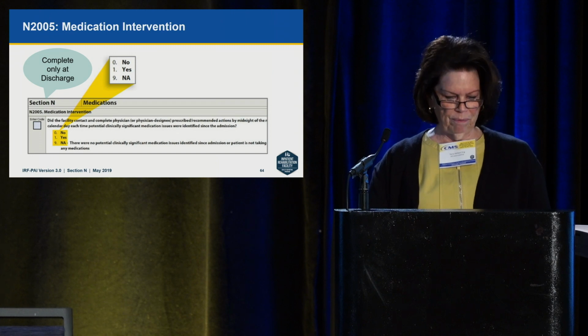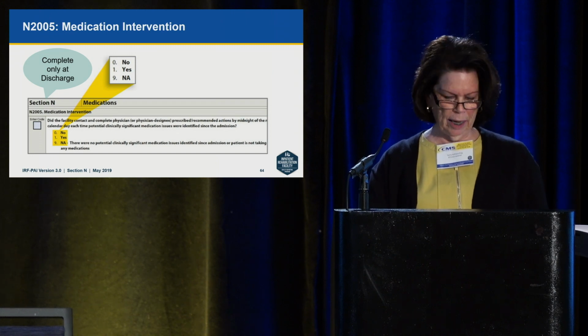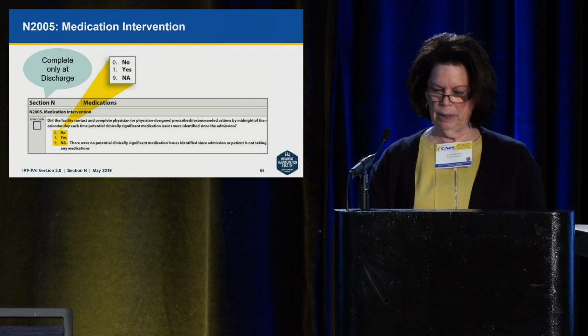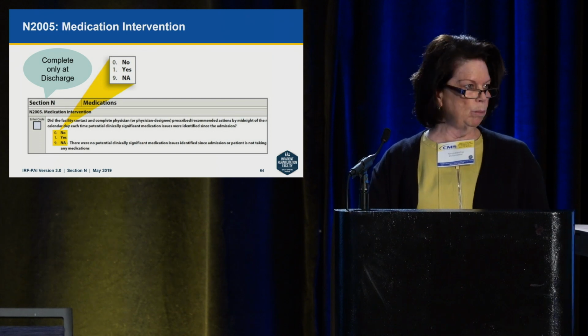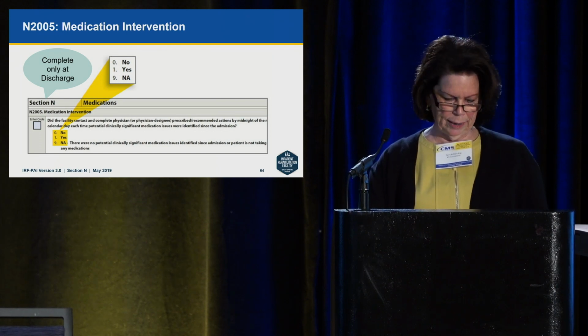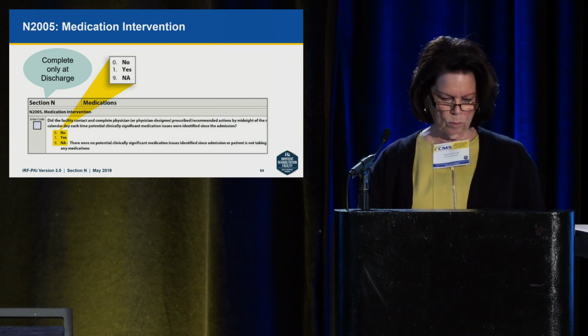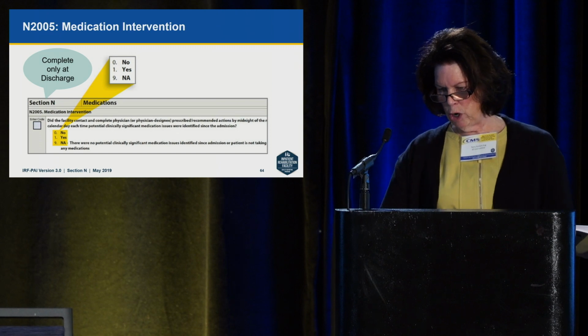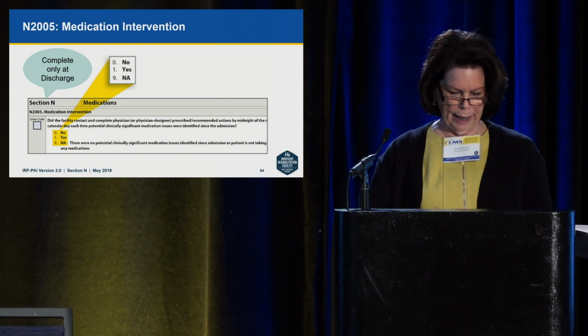And N2005 asks, did the facility contact and complete physician or physician designee prescribed recommended actions by midnight of the next calendar day each time potential or clinically significant medication issues were identified since the admission? And your coding options are 0, no, or 1, yes, or 9, not applicable.